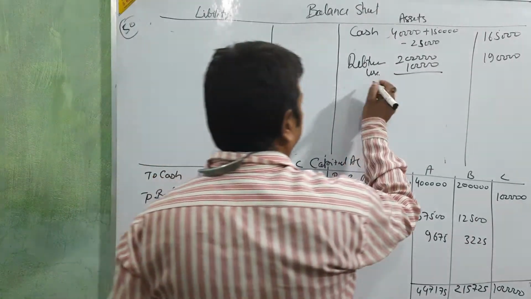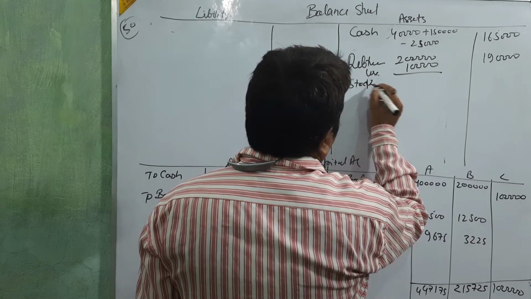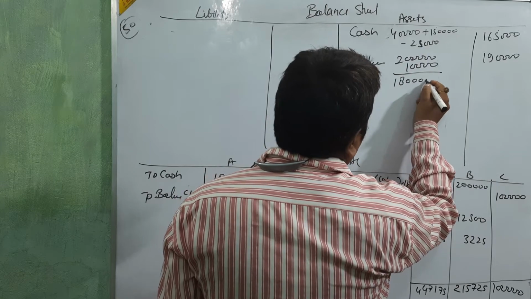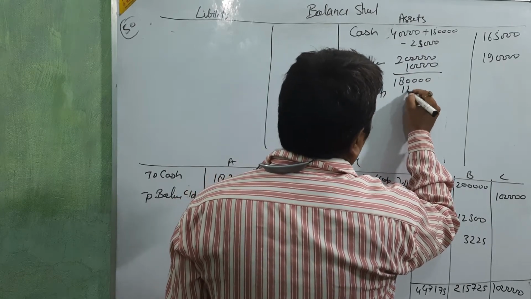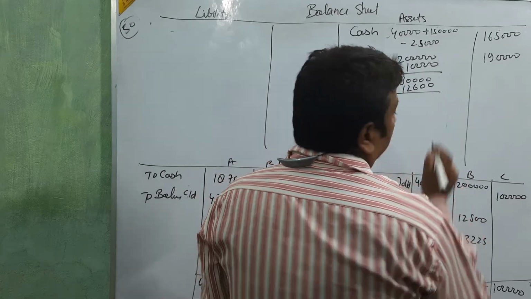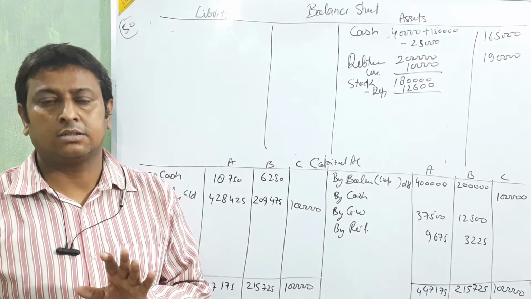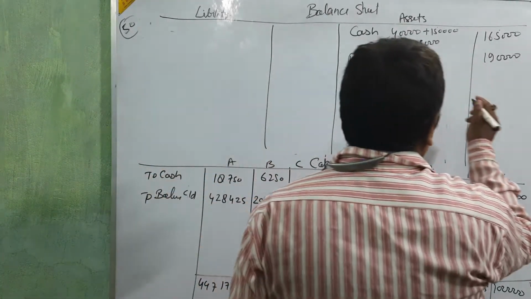Next is stock. Stock value is 1,80,000 less depreciation 12,600. Remember, see in the revaluation what amount is coming.